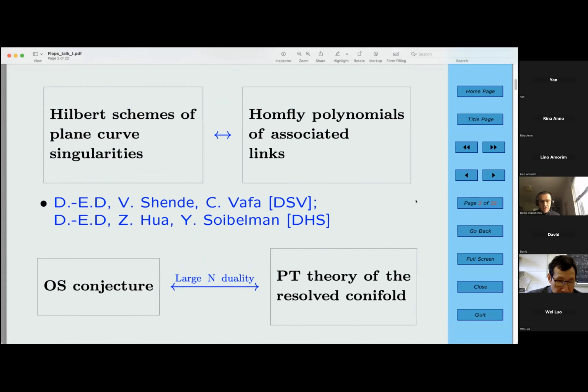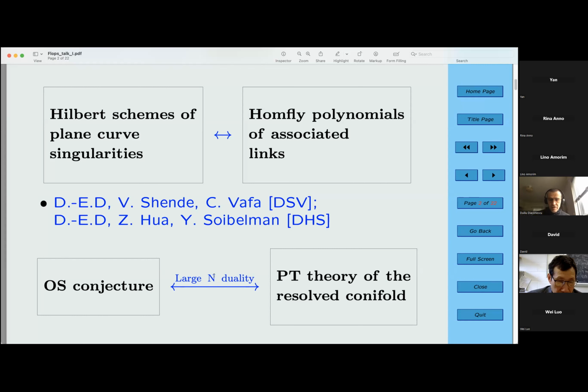And then what happened is that after this conjecture came out, there were two papers. One of them, as I said, with Jan and Zheng, and the other one, a paper with Shende and Vafa, which tries to explain physically what happens when it plays this conjecture. What we learned this way is that this conjecture is actually a manifestation of Lagrangian duality.